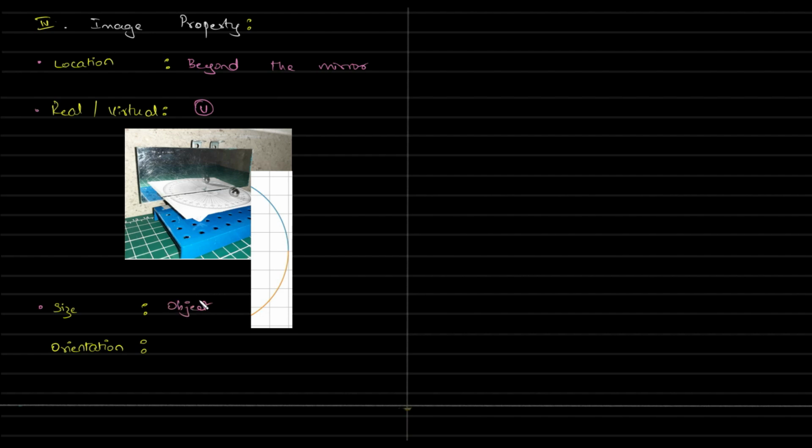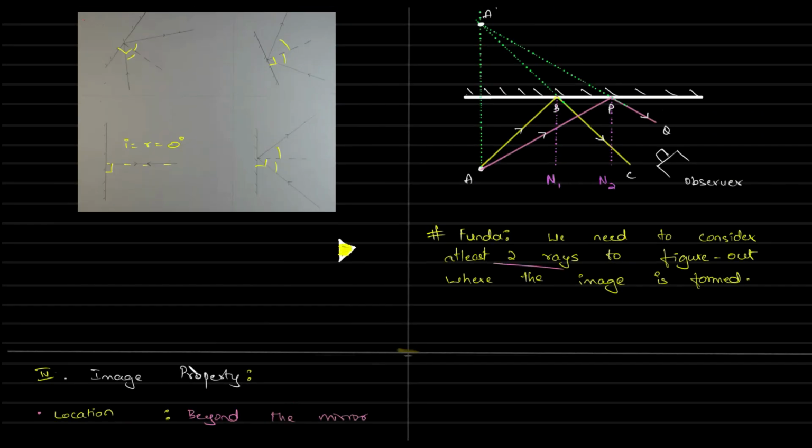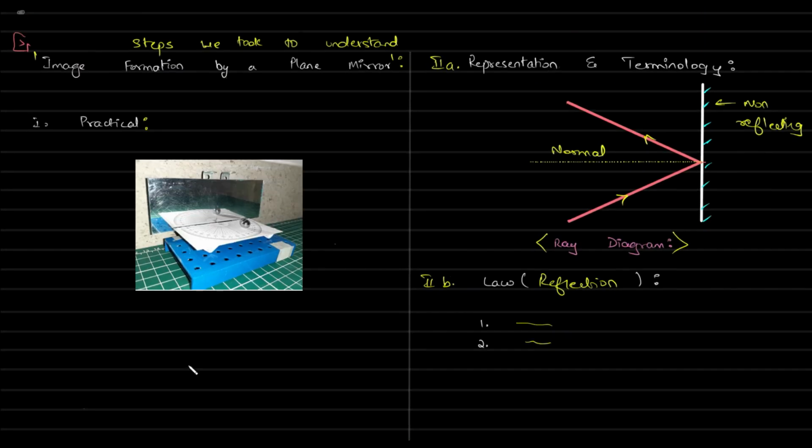And then the orientation: if the object is upright, in the mirror also it will be upright. So this is erect. These are all the things that we learned till now. This is very important to recall to understand how an image is formed in the case of concave and convex mirrors.